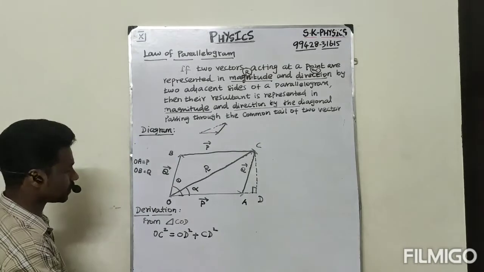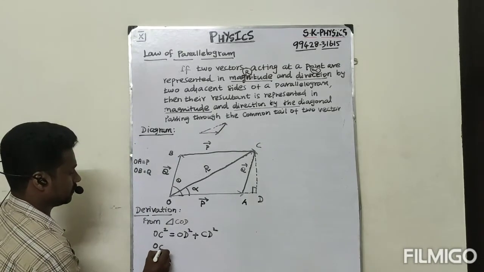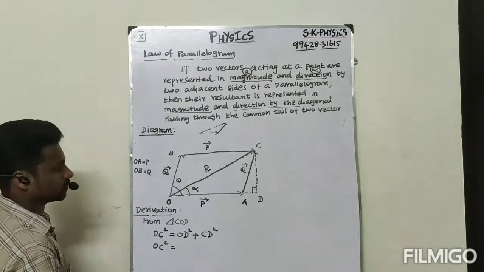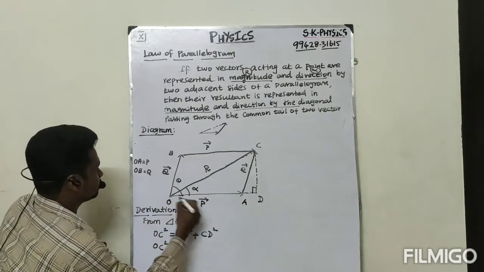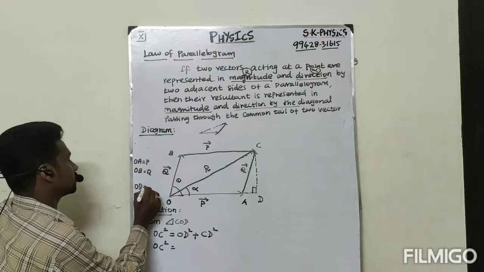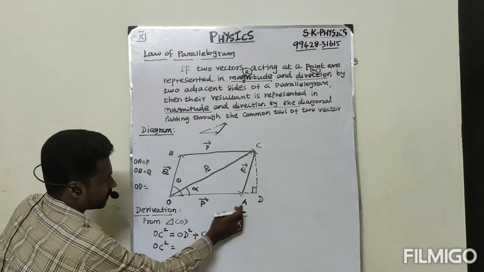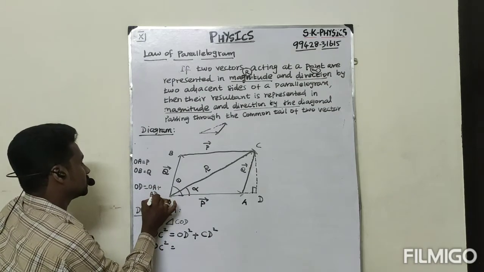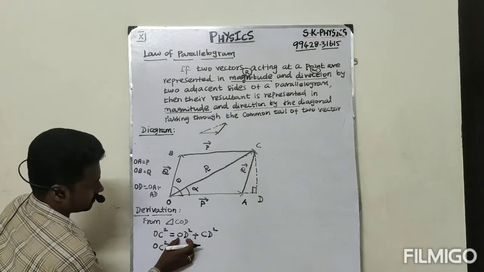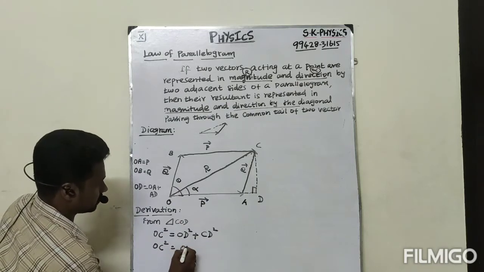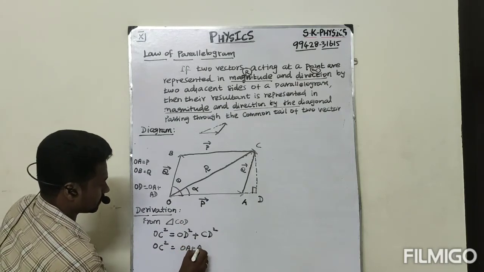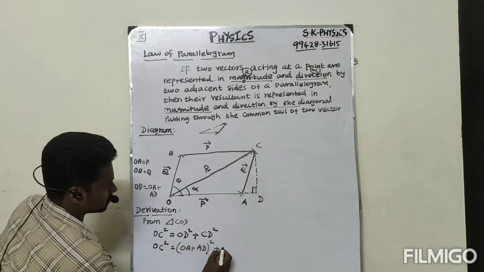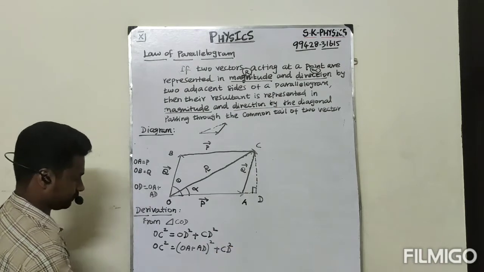Now OD is nothing but OA plus AD. So instead of OD, I can write OA plus AD, then whole square, plus as usual CD squared.